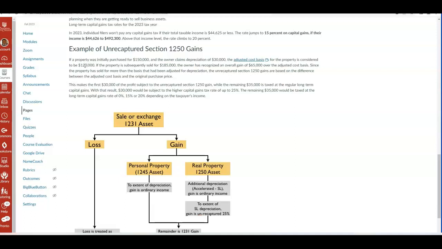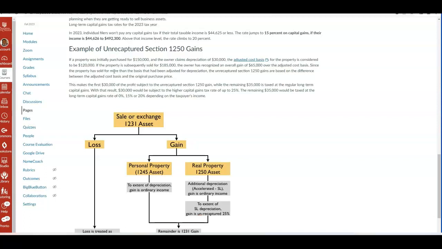So the property adjusted basis is $120,000: 150 minus 30 accumulated depreciation. Net book value is 120. That's the adjusted basis. If the property is subsequently sold for 185, then 185 minus 120 adjusted basis gives you a $65,000 gain. So far, so good?